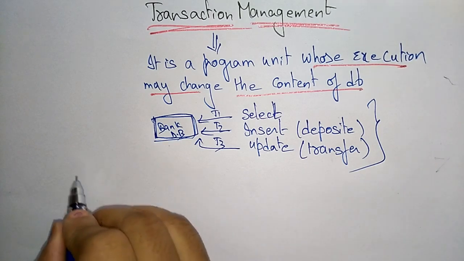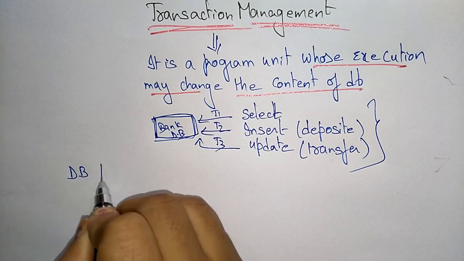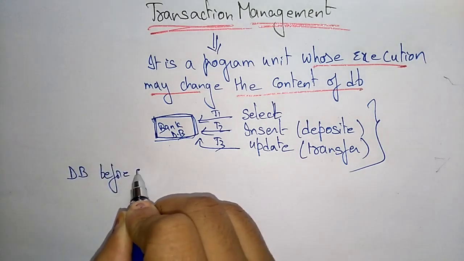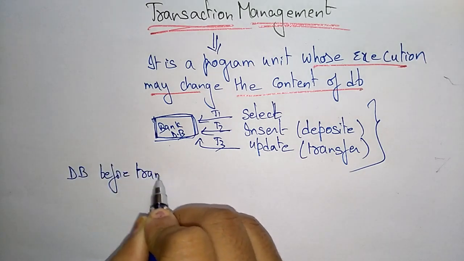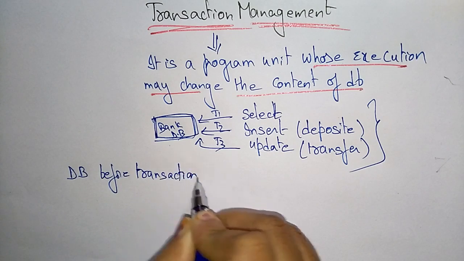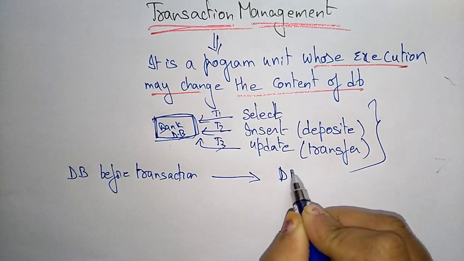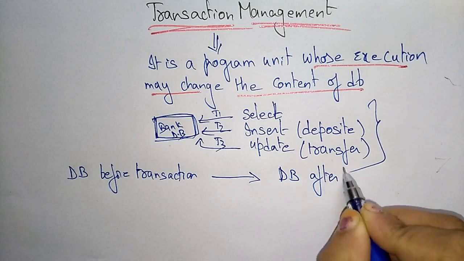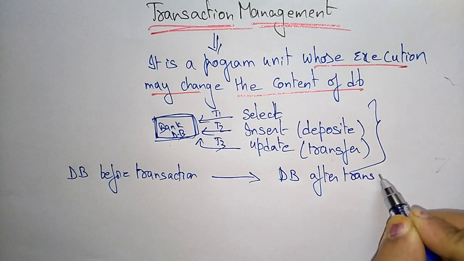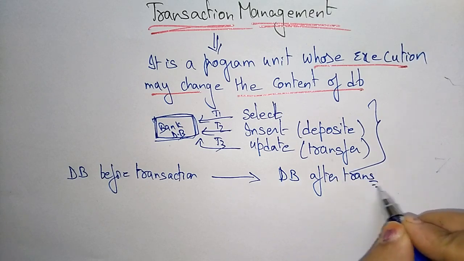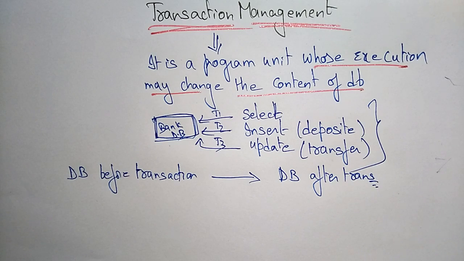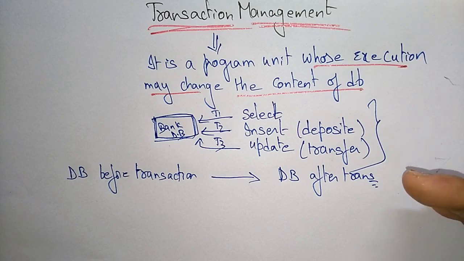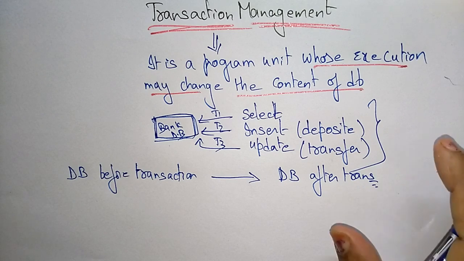So a database before a transaction and the database after transaction, after transaction it should be the same, which means it should be consistent. Then only you can say that whatever transactions you made on the database are valid.